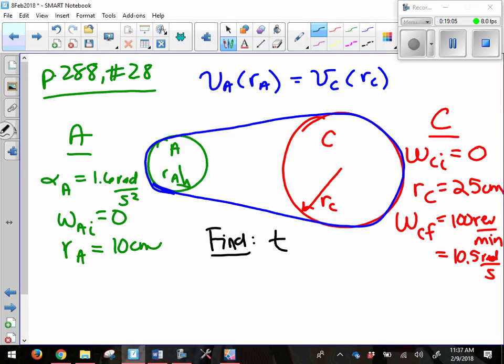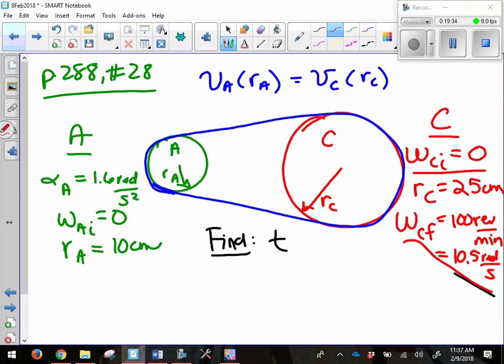Between our initial state where everything's at rest and our final state over here where wheel C is rotating at 10.5 radians per second. So wheel C is the only place where I have an initial condition and a final condition. And you want to find time.